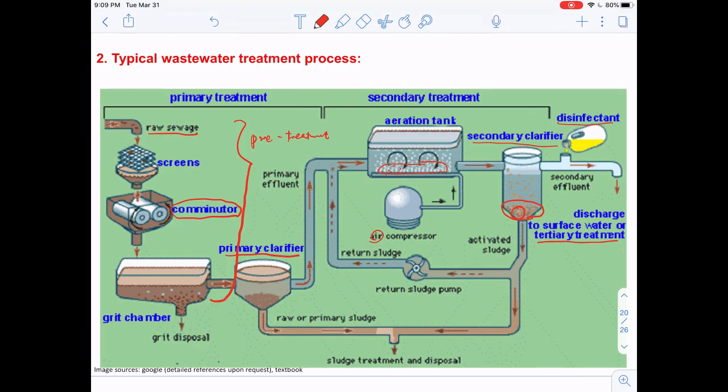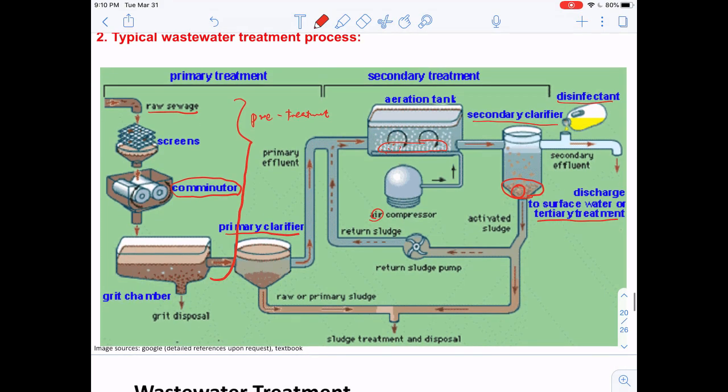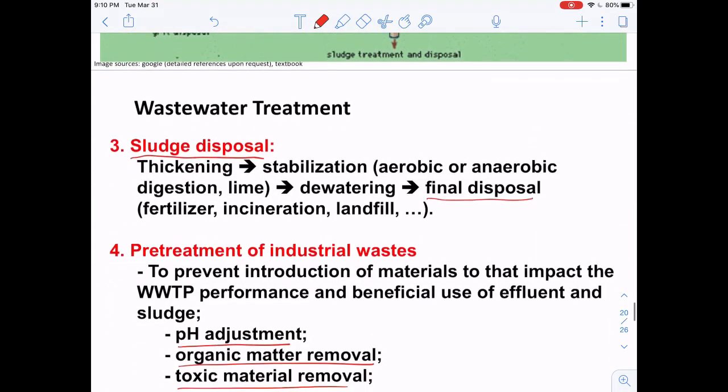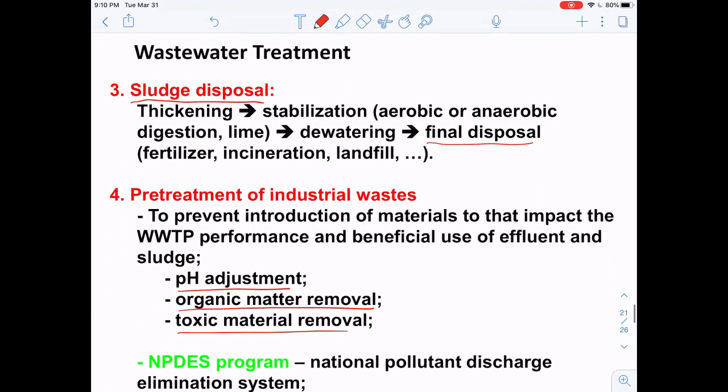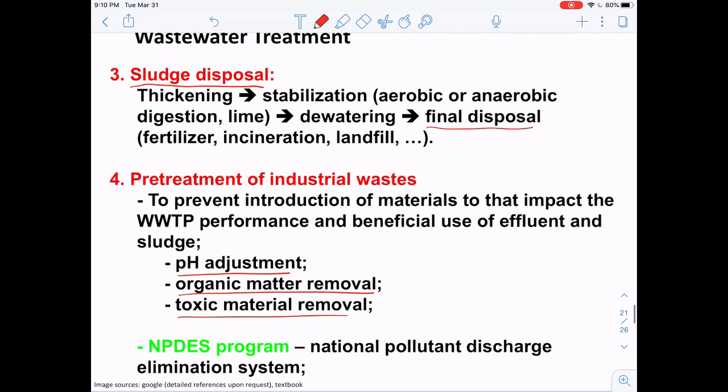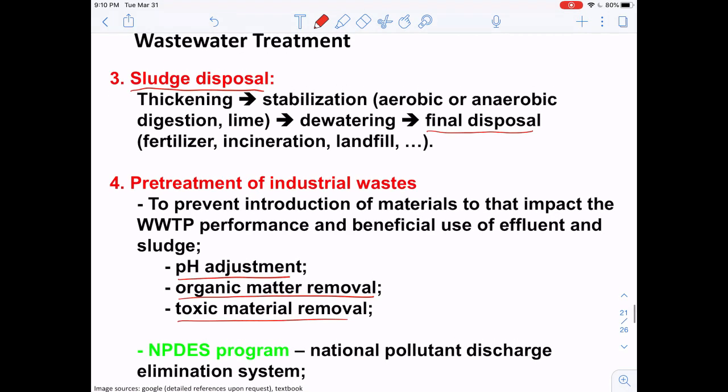For example, if the pH is too low, that means the wastewater is too acidic, then that might corrode these parts or ducts in the wastewater treatment plant. So we have to adjust the pH before it is introduced into these different parts. Specifically on the wastewater treatment, the EPA created a program called the NPDES program, which is short for the National Pollutant Discharge Elimination System, right? So you can find more information there.